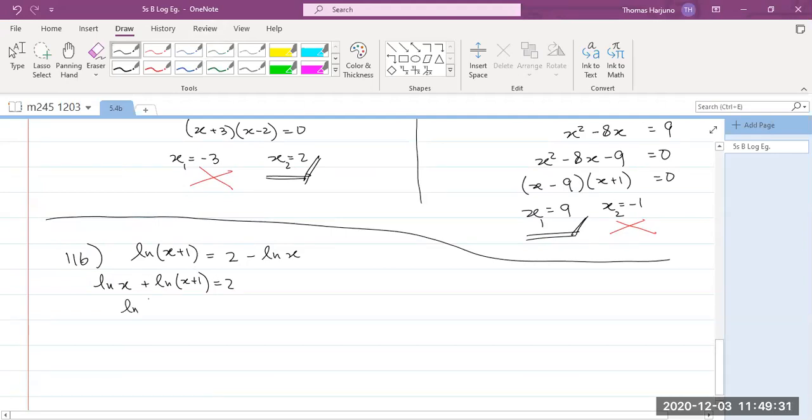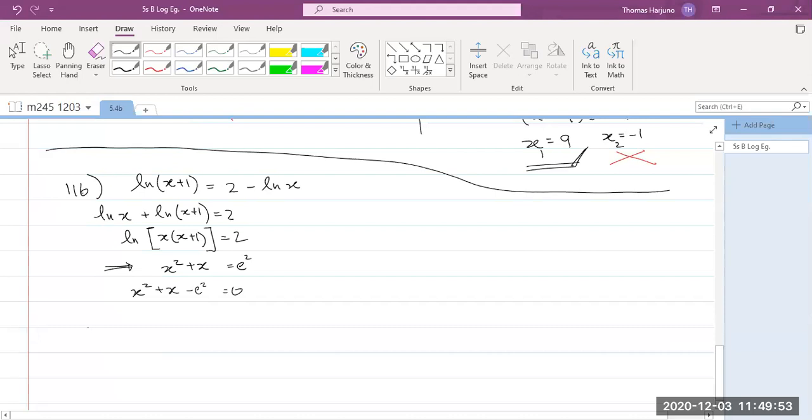natural log of x times x plus 1 equals 2, into exponential form. That's x squared plus x equals e squared, right? So x squared plus x minus e squared equals 0. Then you use the quadratic formula, right? But let's do the discriminant first.